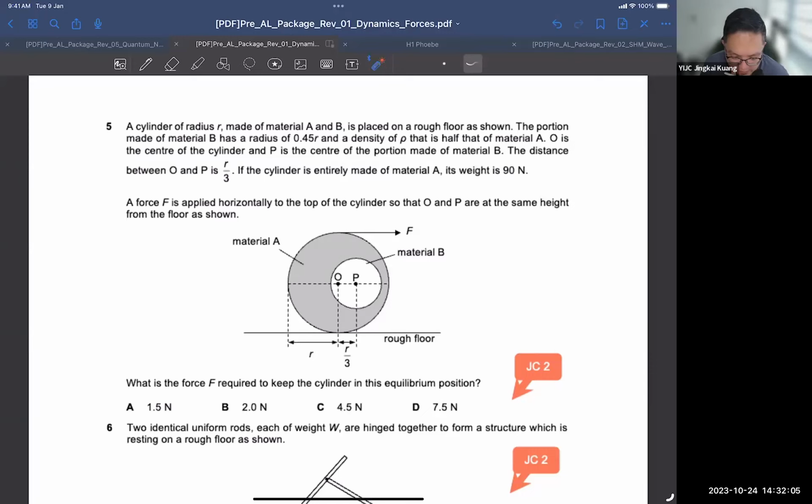O and P are at the same height. O is the center. Then the CG is shifted. 0.45 R. What's the force that's required?